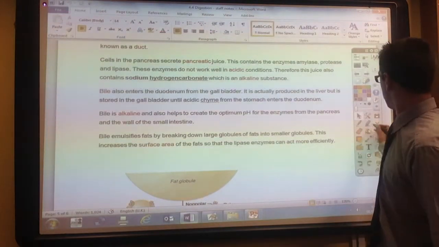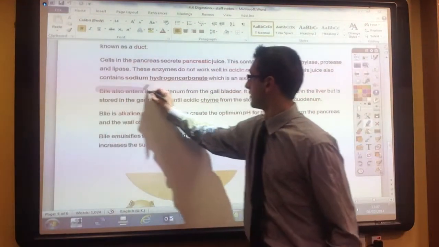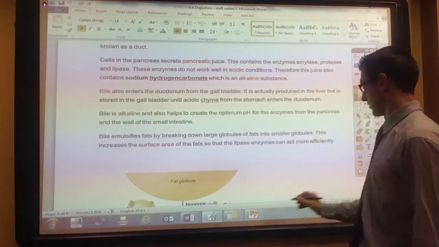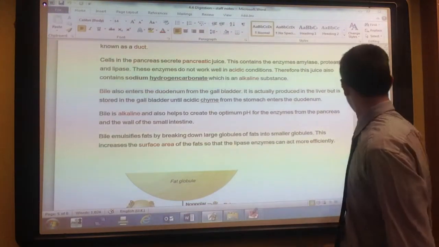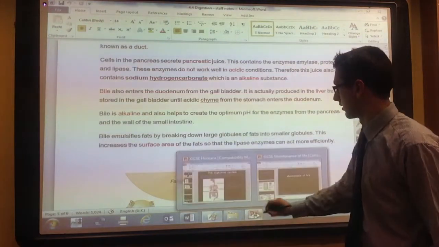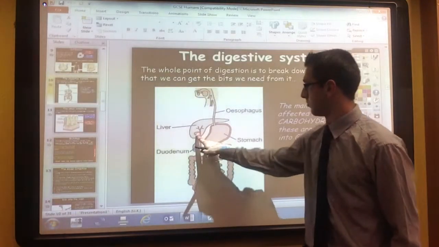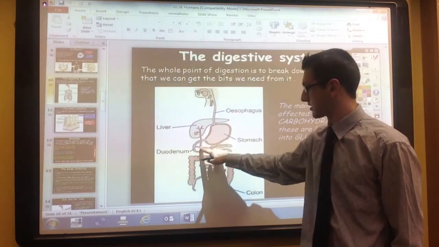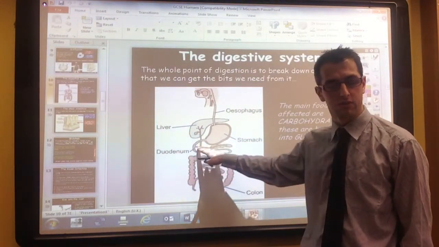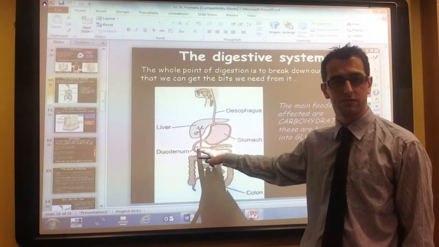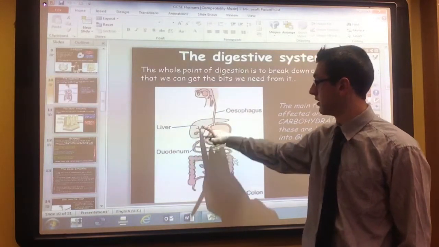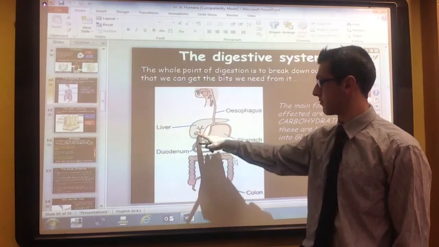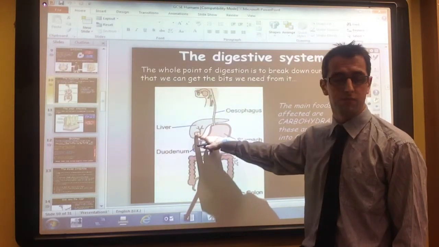Bile must also be produced and provided. Bile enters the duodenum, but this time from the gallbladder. So again, going back to the diagram, here's the gallbladder, situated up with the liver, connecting onto the same duct that the pancreas was providing its materials into the duodenum through, and so therefore more neutralisation is able to take place from the bile produced from the gallbladder.